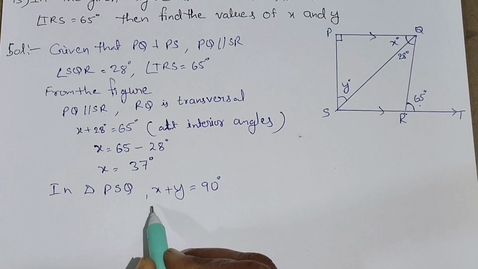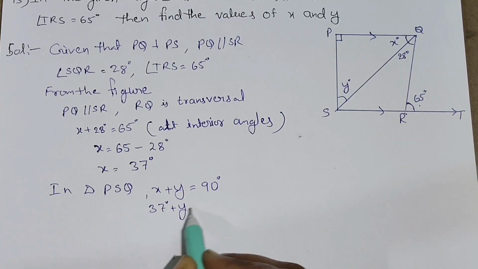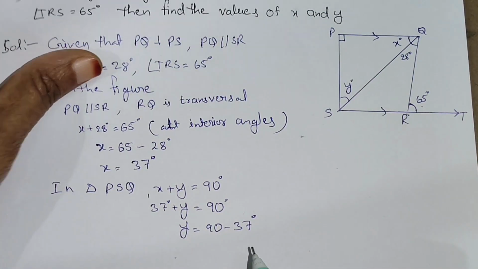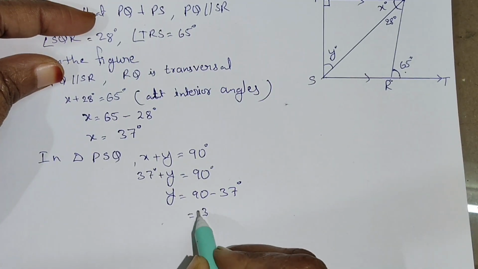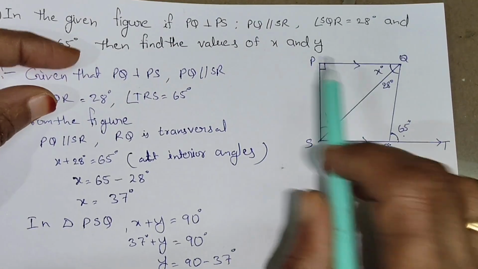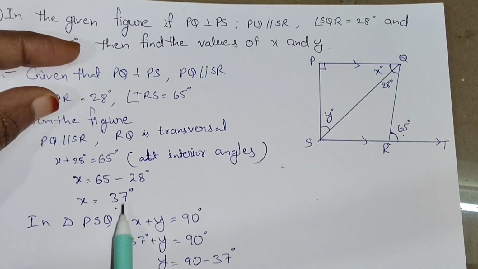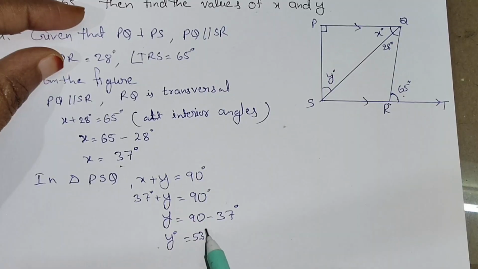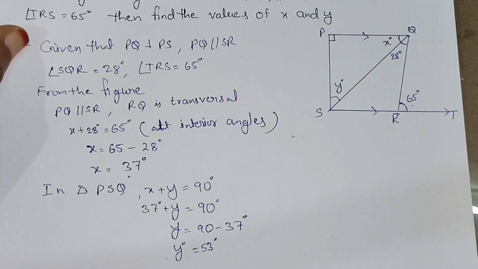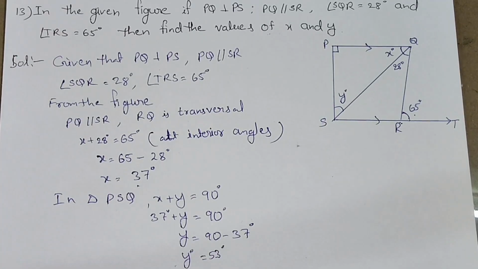We already know the x value, so substitute: 37 degrees plus y equals 90 degrees. Y equals 90 minus 37 degrees, which is 53 degrees. The question asks for the x and y values: x equals 37 degrees, y equals 53 degrees. This is the complete answer of the 13th question.